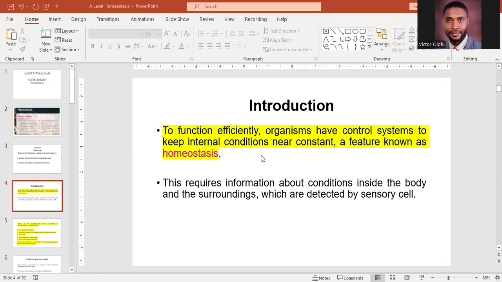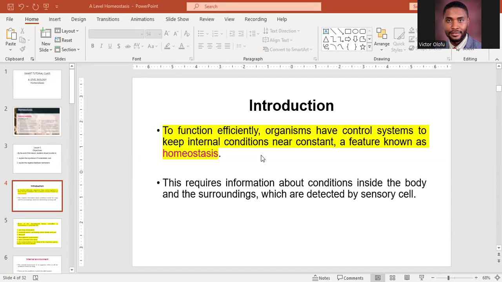To function efficiently, organisms have control systems to keep internal conditions near constant. And this is what we call homeostasis, the ability of organisms to maintain a fairly constant internal environment.